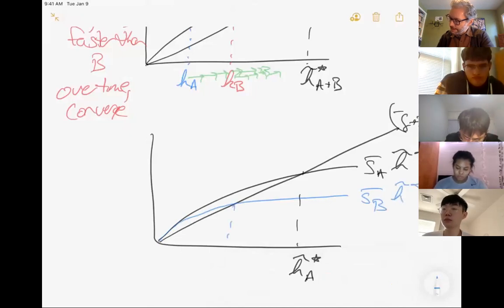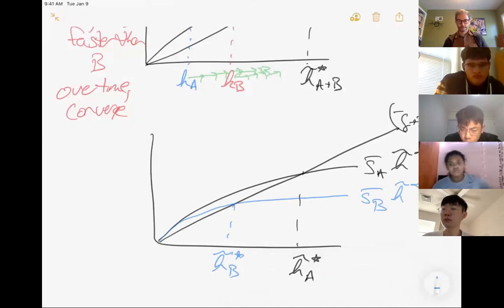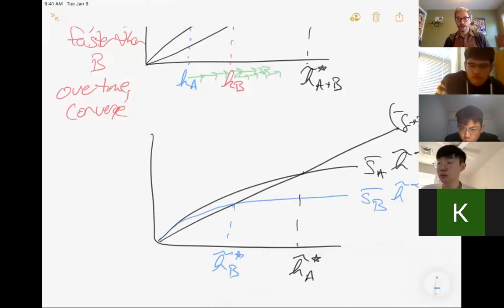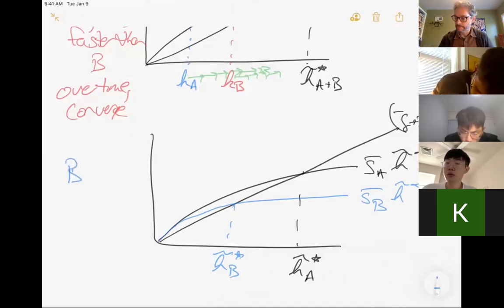And so this is their balanced growth path. Will they converge? No. No. B will remain permanently poorer than A.